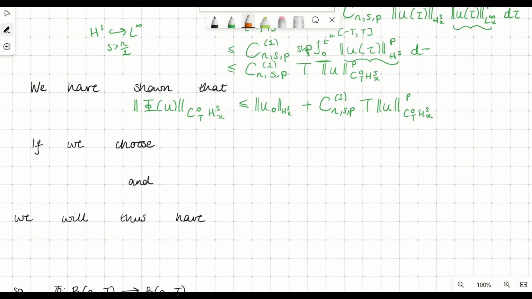In particular, we're going to choose a equal to twice the norm of u_0, and then we can choose T equal to 1 over 2 times this constant times a to the p minus 1.